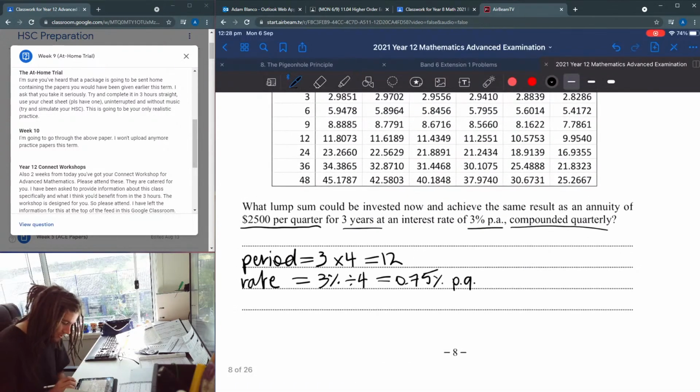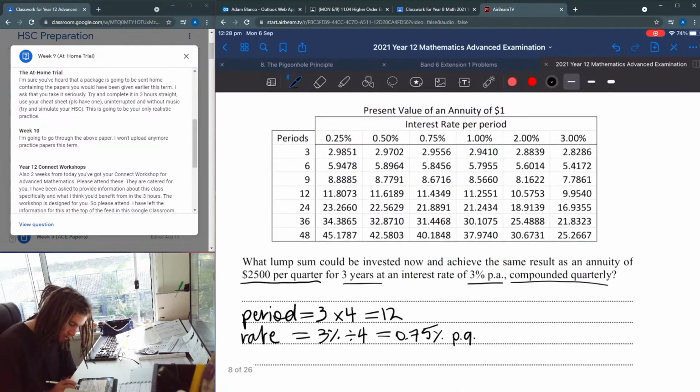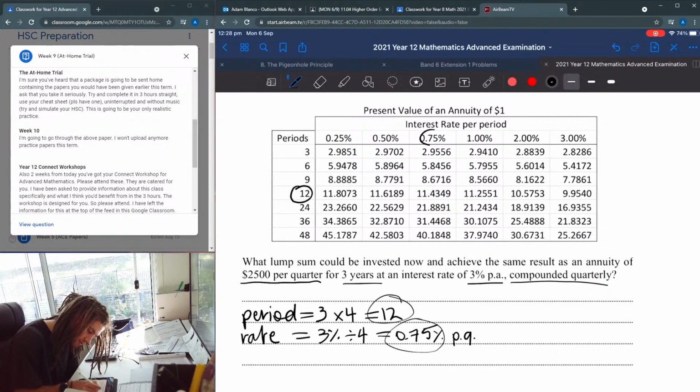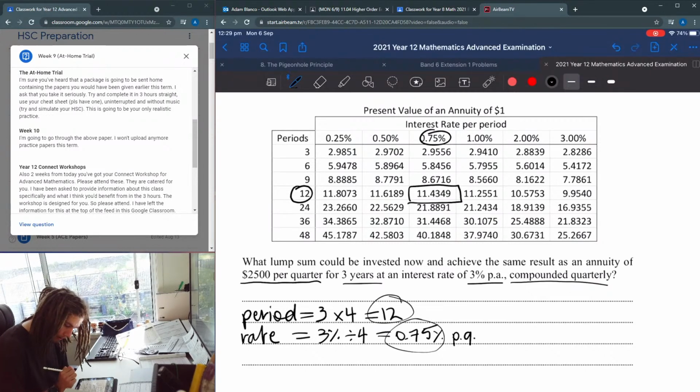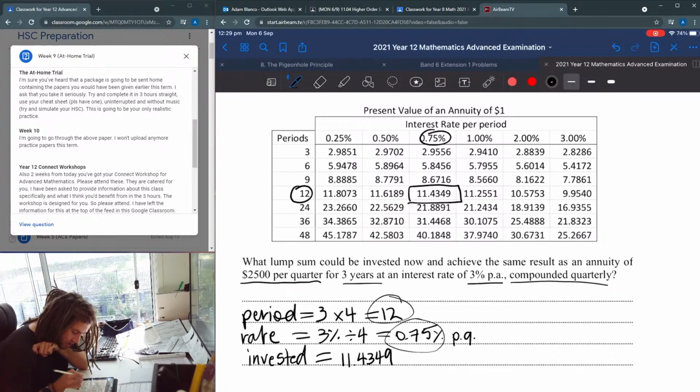Anyway. Okay, so then I looked that up on the table. So 12 and 0.75, so that's this. So then what lump sum could be invested? So investment 1.4349. So that's how much I would make for $1. But I want to know what $2,500 is.